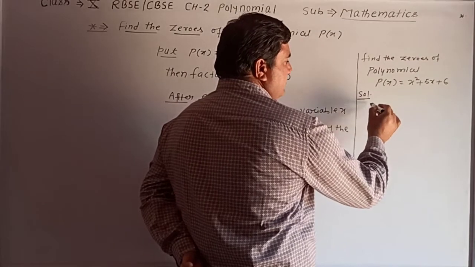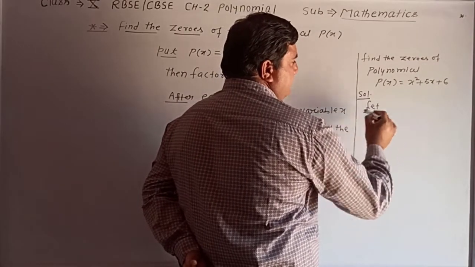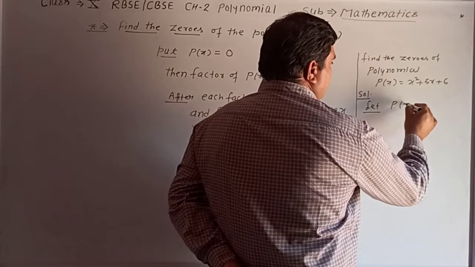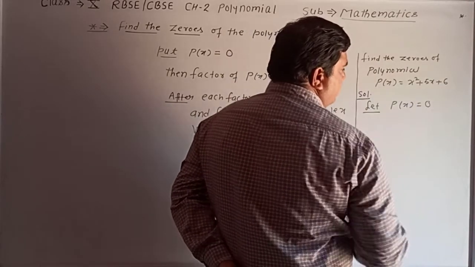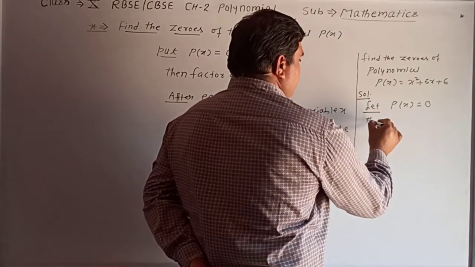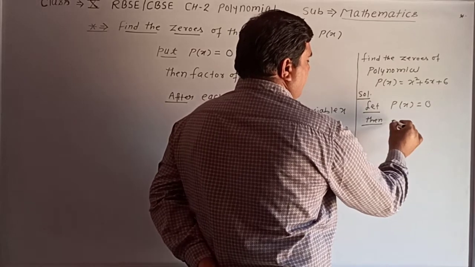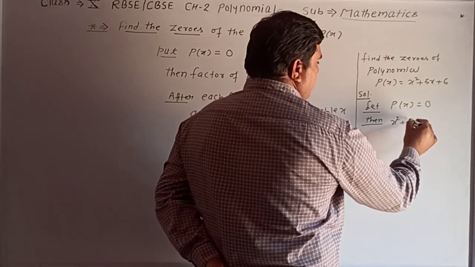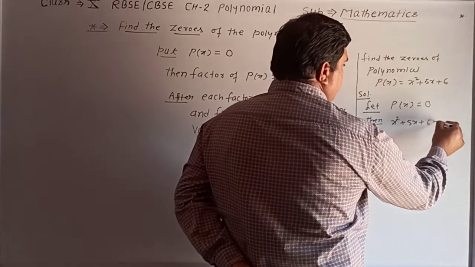Solution: let P(x) equals to 0. Then x square plus 5x plus 6 equals to 0.